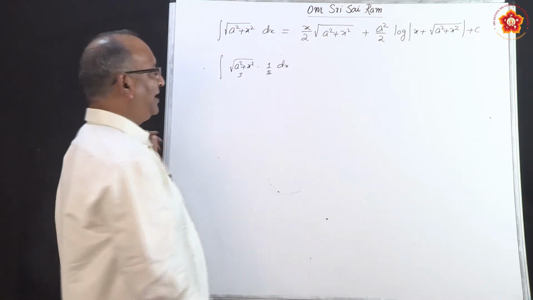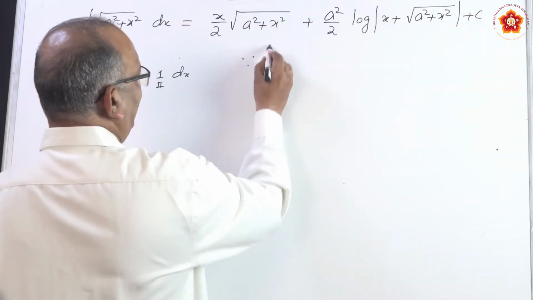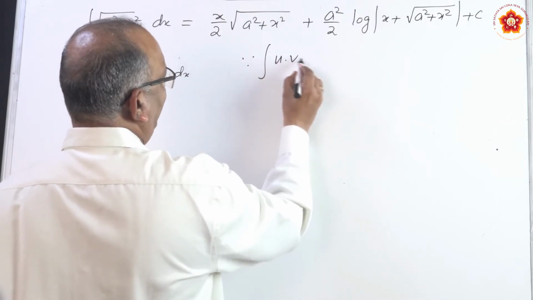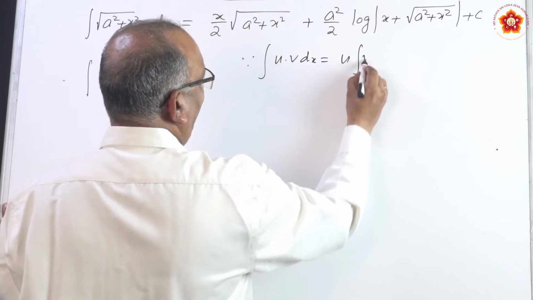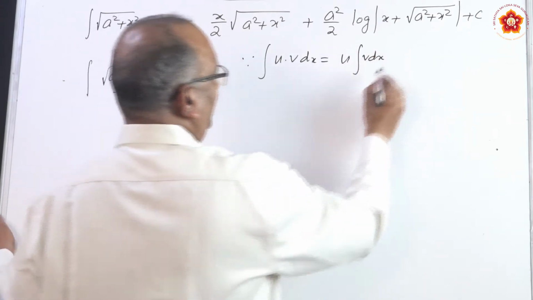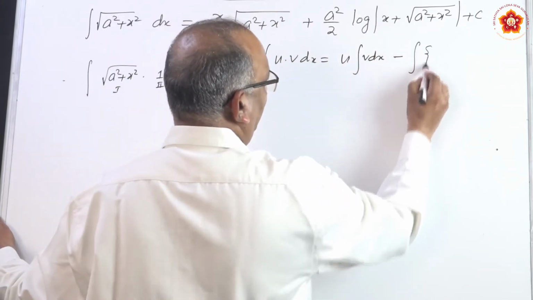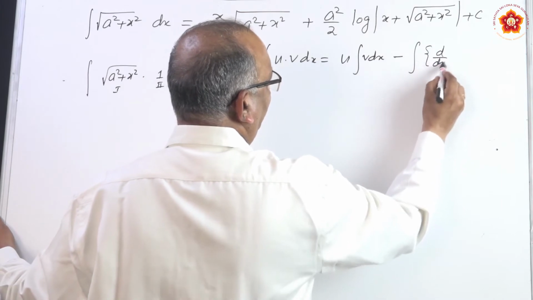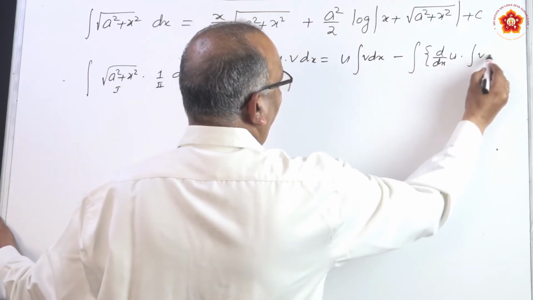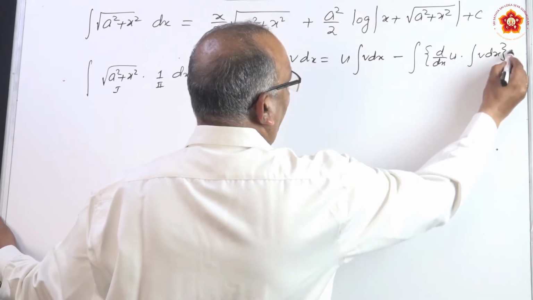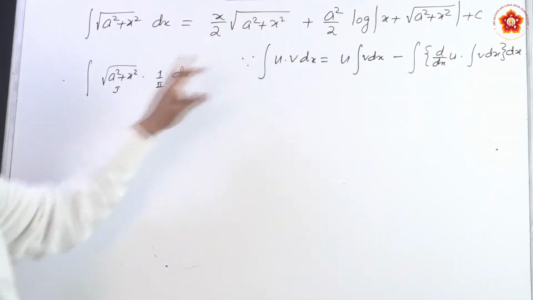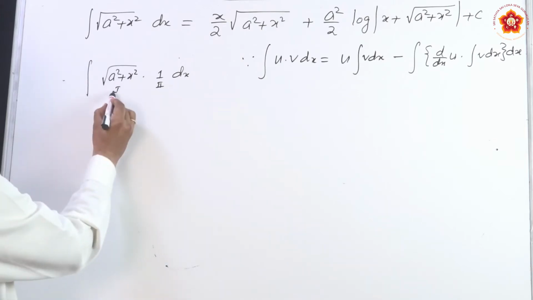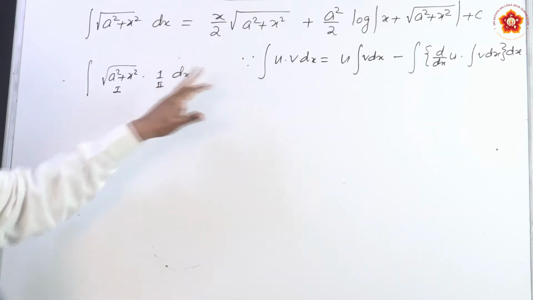What was the formula? The integral of u into v dx equals u into the integral of v dx minus the integral of d by dx of u into the integral of v dx, whole dx. Use that formula. u is under root of a square plus x square and v is 1.